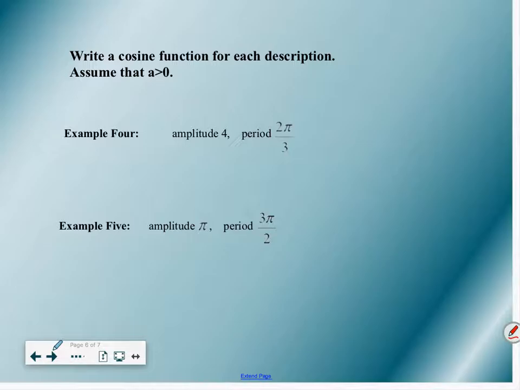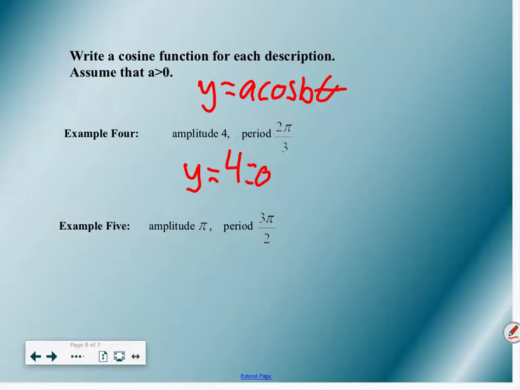Okay, remember I have my standard equation, A cosine B theta. I'm writing equations for this. What is my A in the first example? So I have 4 cosine. Here's the question. Do I just stick 2 pi over 3 in for B?